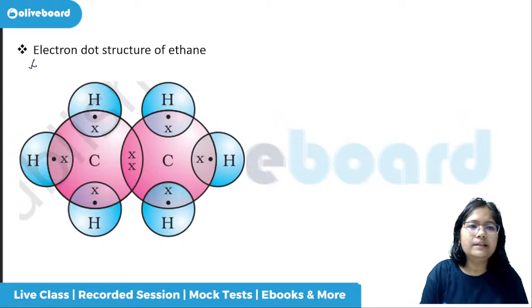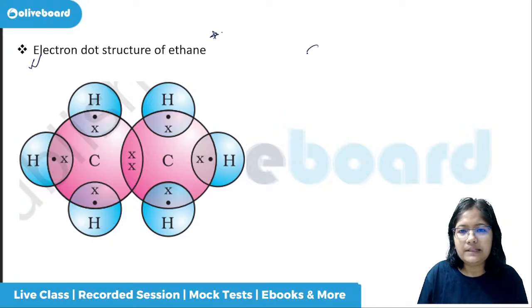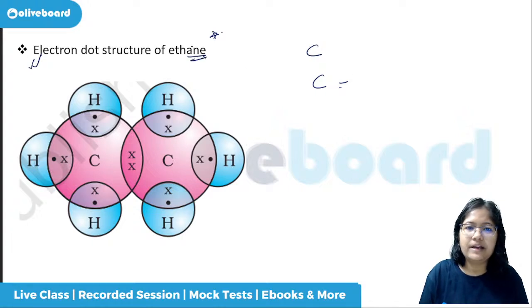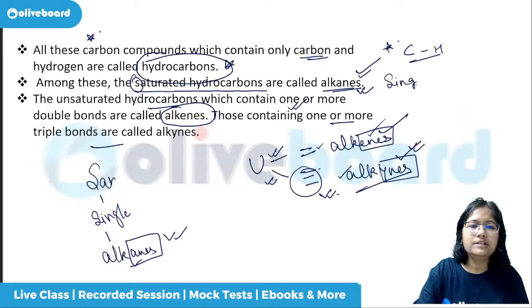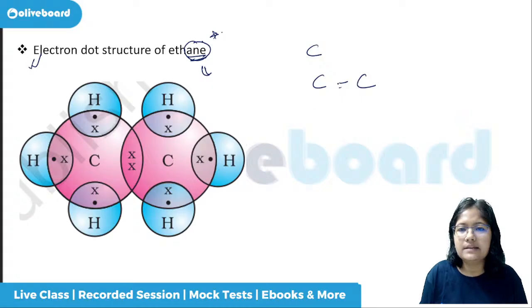Now, if you make the electron dot structure for ethane: methane means one carbon, ethane means two carbon, and since it is ANE, that means there is a single bond.